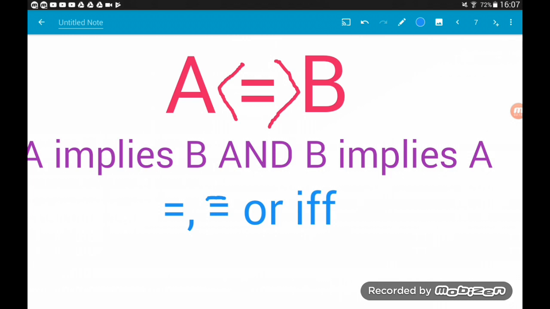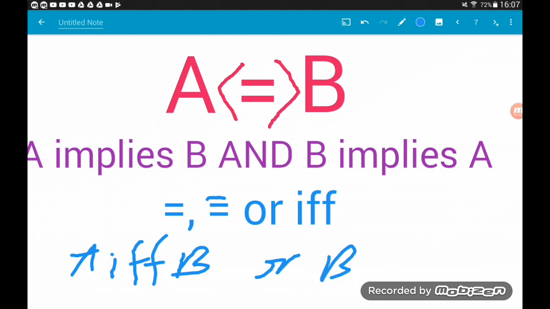We can also write this as A iff B, which we read as A if and only if B. We could also write it as A if B, or we can also write it as B if A, if we really wanted to.